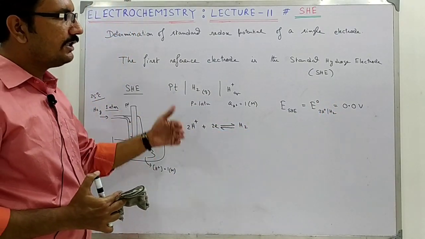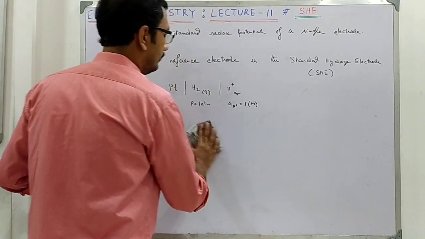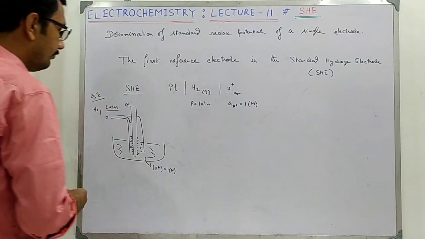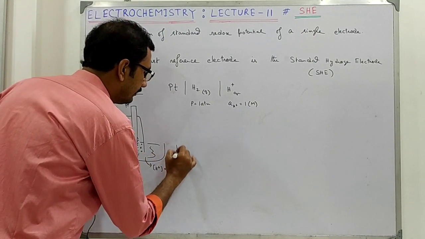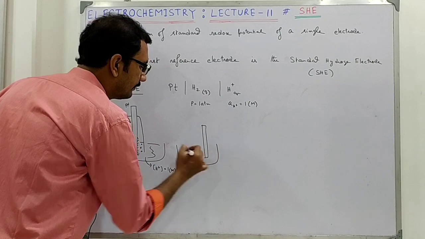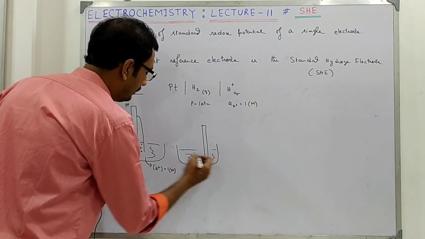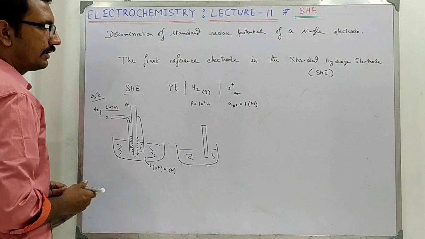Then what is the procedure to get the values of reduction potential of other half cells? What we will have to do is connect that half cell to this standard hydrogen electrode.